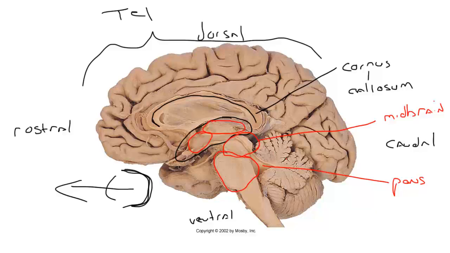Pons and the overlying cerebellum, which is all this stuff, pons plus cerebellum, started out life as the metencephalon. And the last part of the brain you need to worry about is right here, and that is the medulla. It started out life as the myelencephalon.